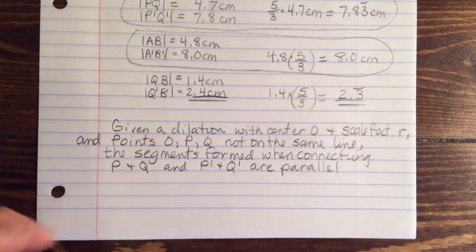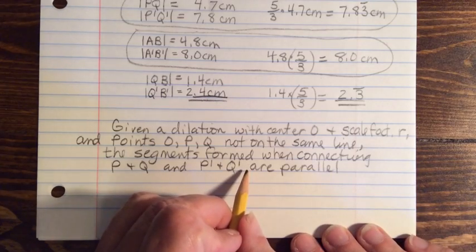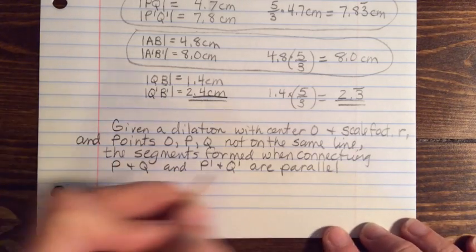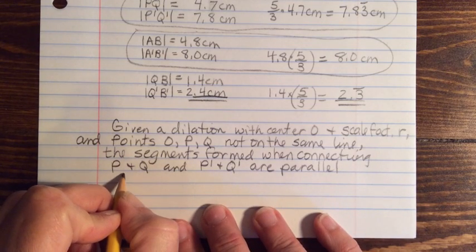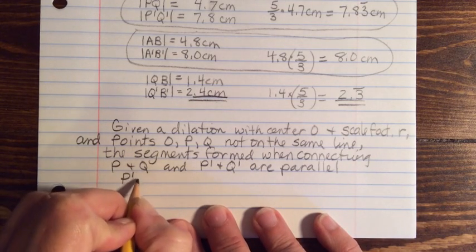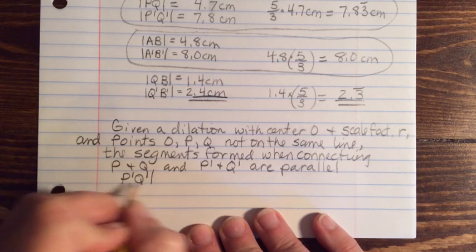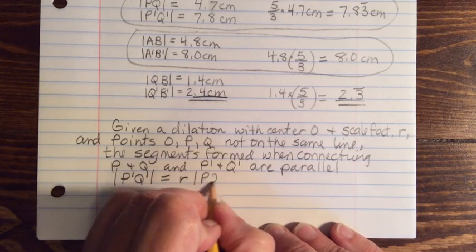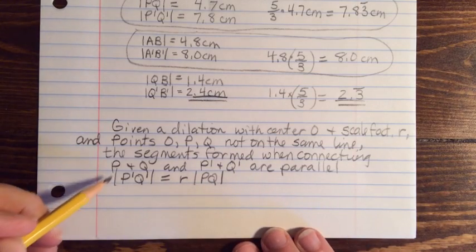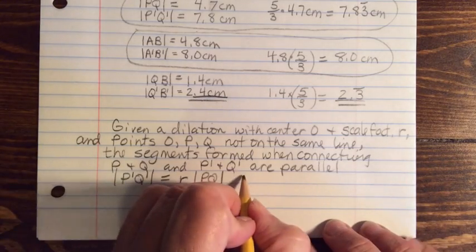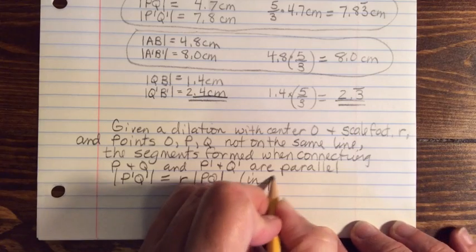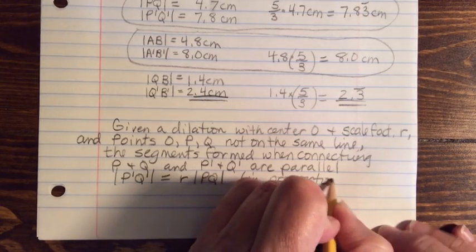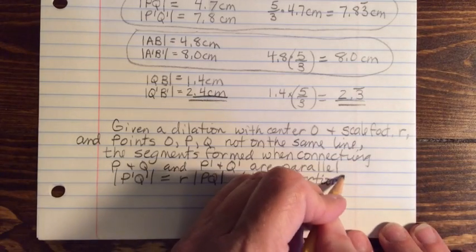So those segments are parallel, and what's even more interesting is that the length of P prime Q prime is equal to the scale factor times the length of PQ. So we're saying they're in proportion to our scale factor.